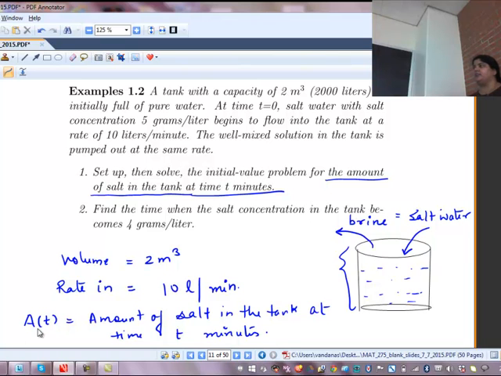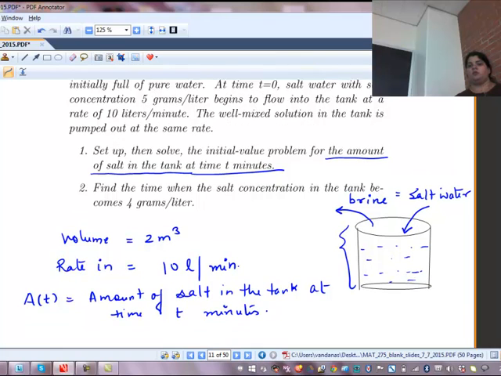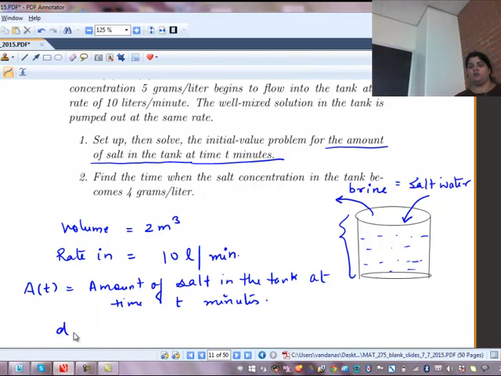So we need to set up a differential equation for this unknown function so that we can monitor at what time how much salt is there within this whole tank. Okay. So the rate of change of the amount of salt, dA over dt, will depend on what? This should be equal to what?